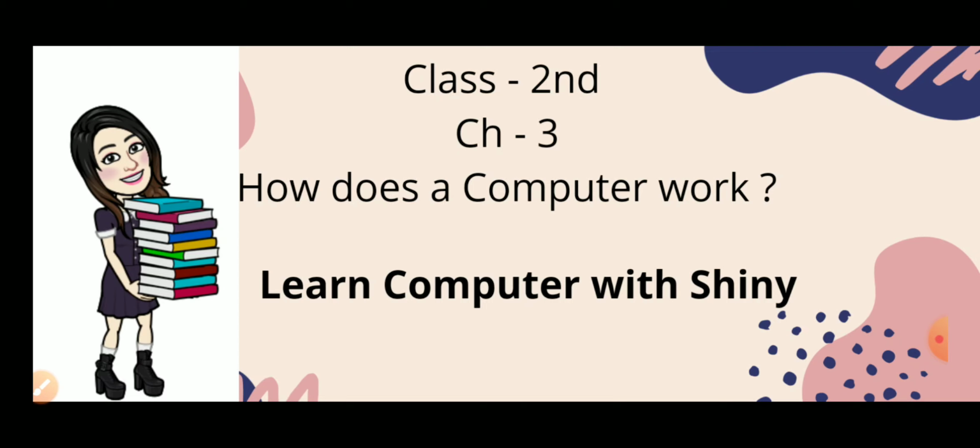Today we are going to read chapter number 3 and the name of the chapter is How does a computer work? As we all know what is a computer and what are the parts of computer, right? Now today we will learn how a computer works. Okay?